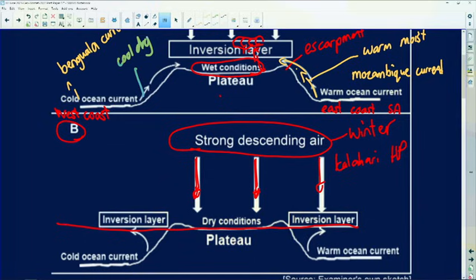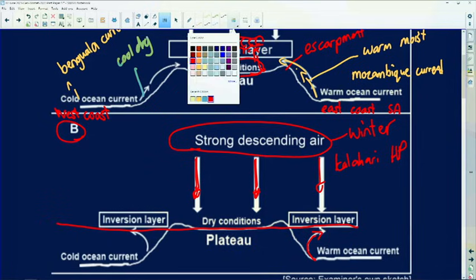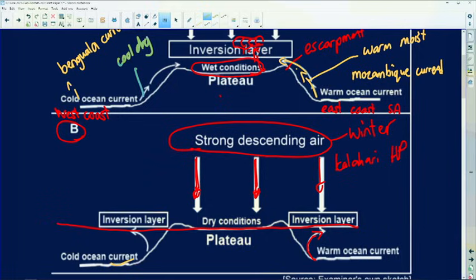This warm, moist air coming from the Mozambican current and cool, dry air coming from the Benguela current is trapped below the inversion layer. None of this air can go over the escarpment to the plateau. It's not happening. So what do we experience over the interior of Southern Africa? Dry conditions and clear blue skies.